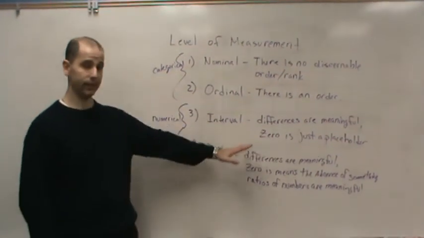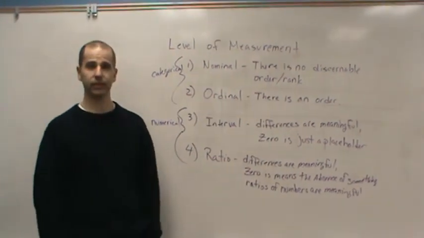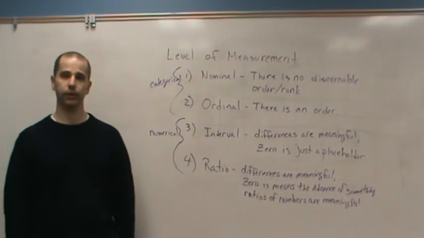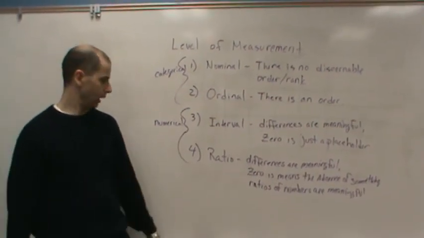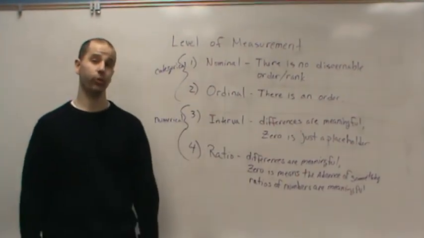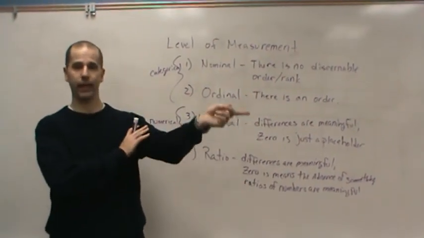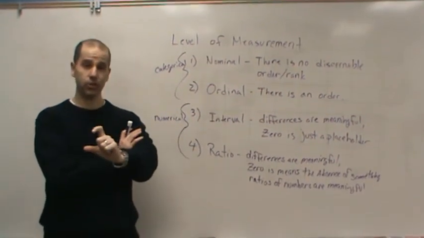Okay, so weight meets all of these criteria. So difference in weights, good. 0 in the measurement of weights means something, means the absence of weight. And then I can take the ratio of two weights. So I can take the ratio of one person's weight with another person's weight, and that ratio will tell me something.